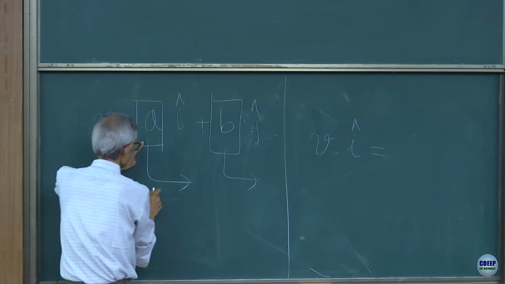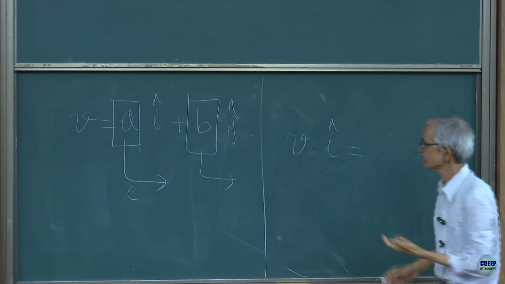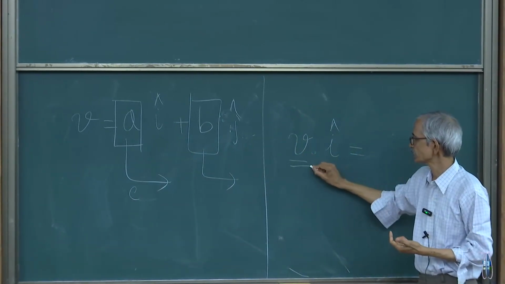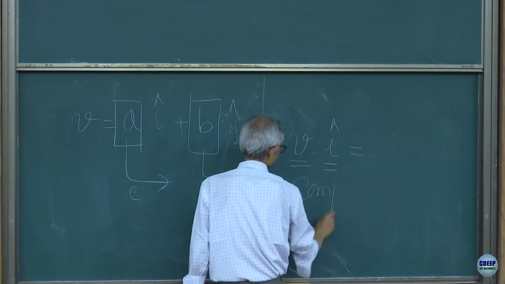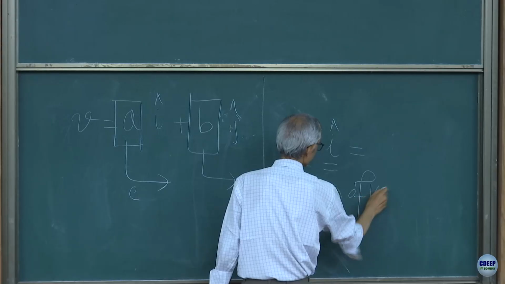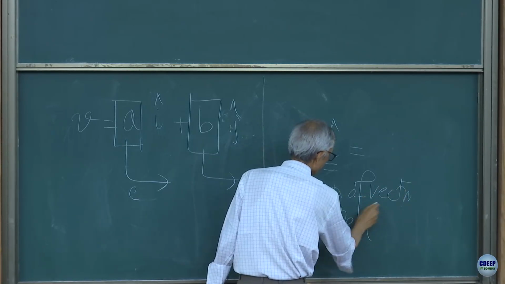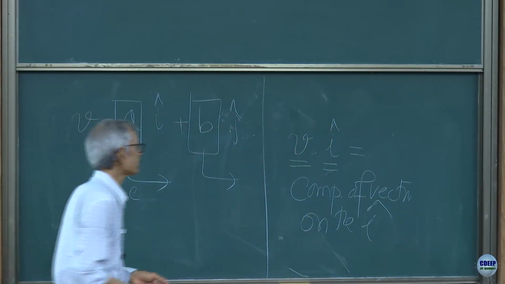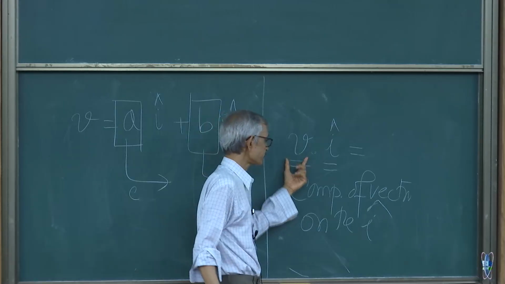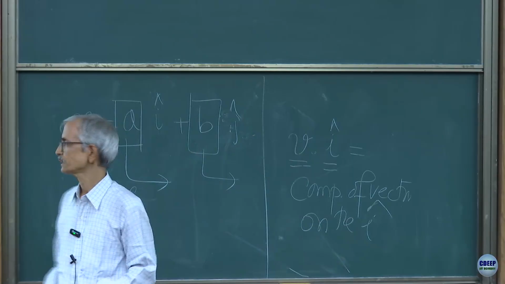So this guy, and what did we say about V dot I? We said that V dot I is going to be the component of this vector on the I vector, right? So A is the component of this V vector on this unit basis vector, which is I.